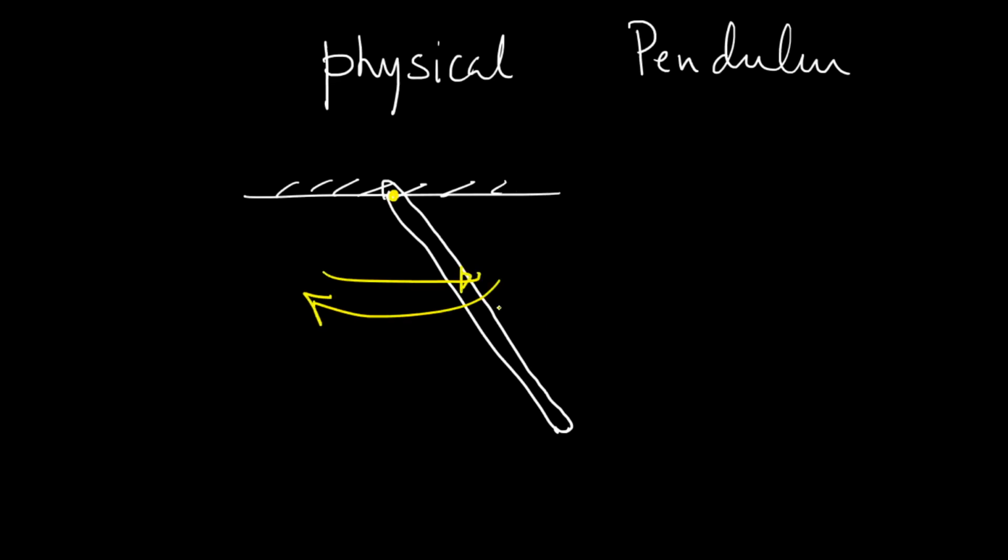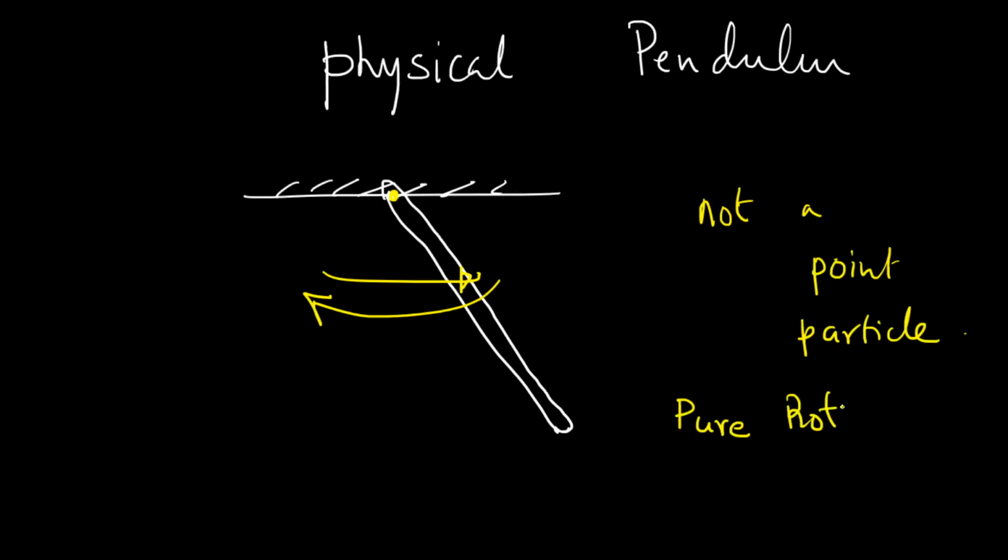It will go back and forth when you leave it, and let's assume everything is frictionless. Now one thing is obvious, that it's not a point particle, but it is pure rotation of a system of particles, which is the scale.